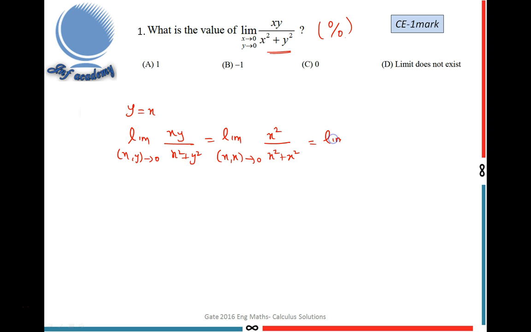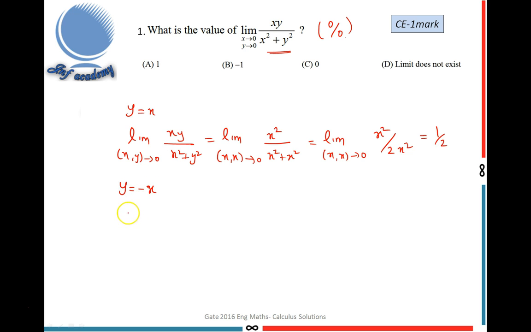So limit (x, x) tends to 0 of x square by 2x square. X square cancels. Finally I got 1 by 2. So the limit along the path y equal to x is 1 by 2.